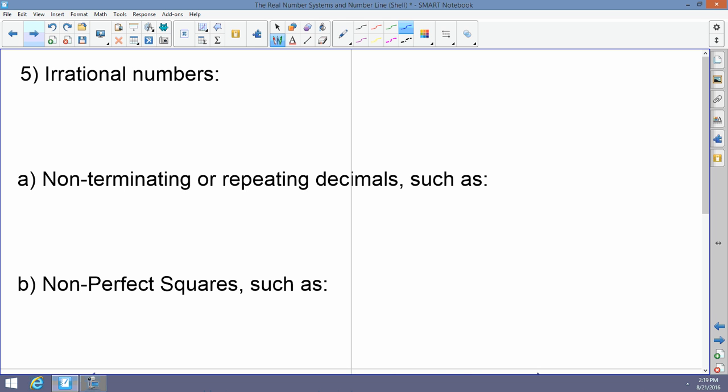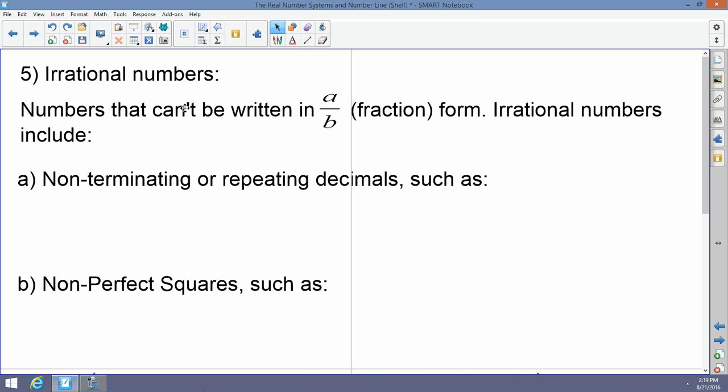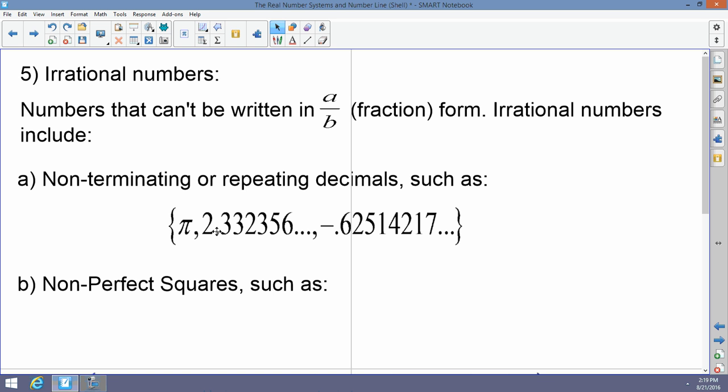Irrational numbers. Well, irrational numbers are numbers that cannot be written in a over b or fraction form. Irrational numbers include non-terminating or non-repeating decimals, such as pi, 2.332356..., that means that it keeps going on forever. It doesn't stop, never ends. It's not repeating.